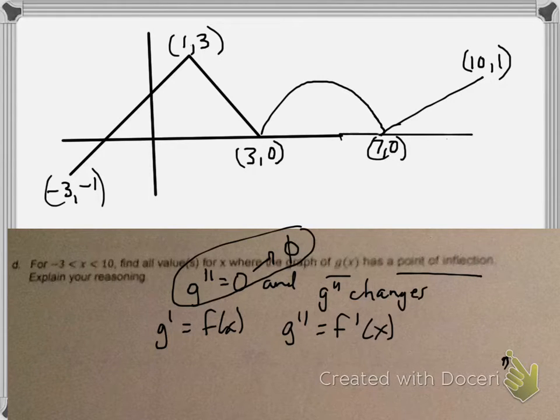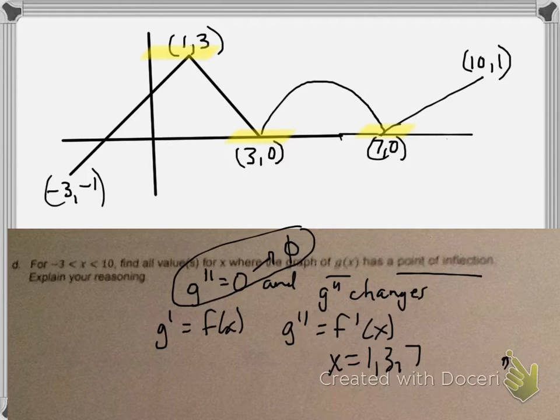So in this case, the slope is undefined at 1, 3, and 7. So now we need to test and say, okay, at x equals 1, 3, and 7 are possible.